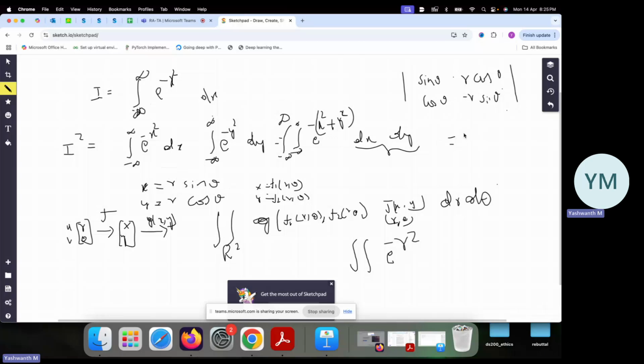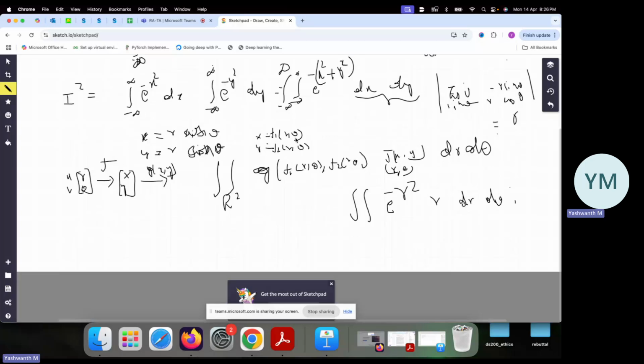Here we can just swap this to be cos theta and sine theta, just to be convenient with signs. So we get cos theta, minus r sine theta, sine theta, r cos theta. Here we get this to be r dr.